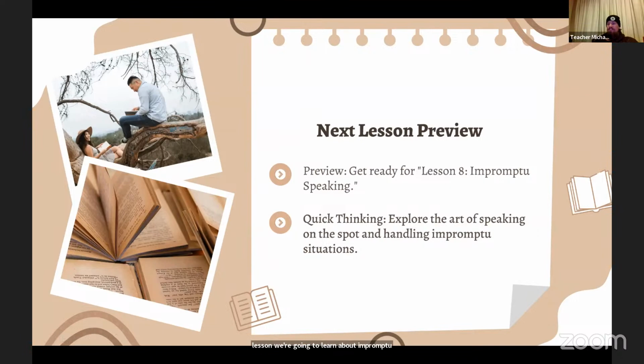So impromptu just means without preparation. The kind of speech that you learned about tonight is a speech you would give with a lot of preparation. So a lot of planning, a lot of thinking about ideas, putting it together, structuring it well, including your ethos, pathos, and logos.